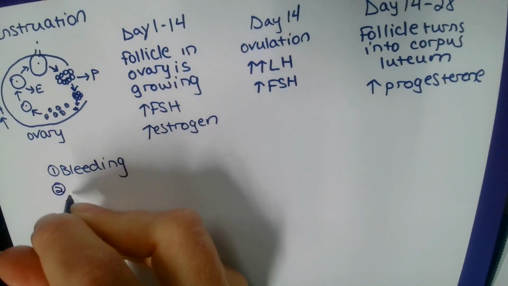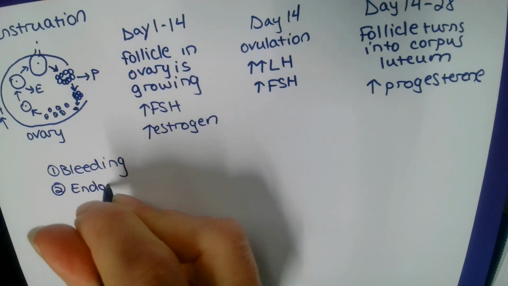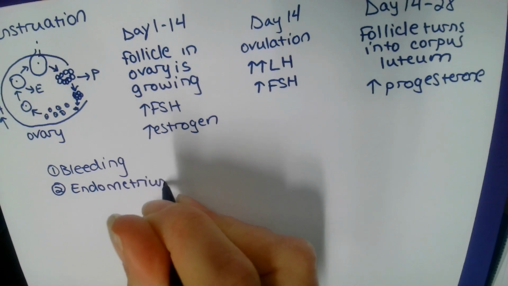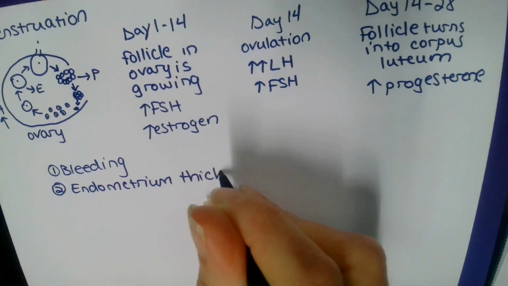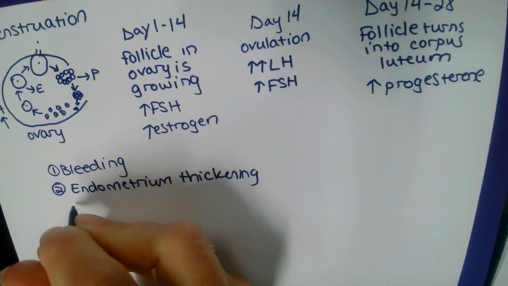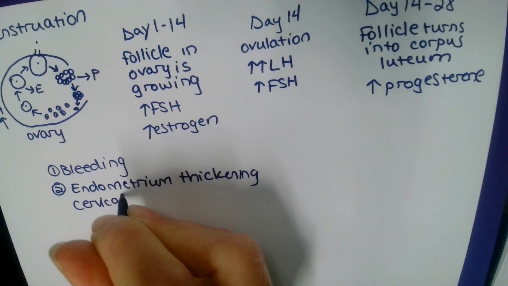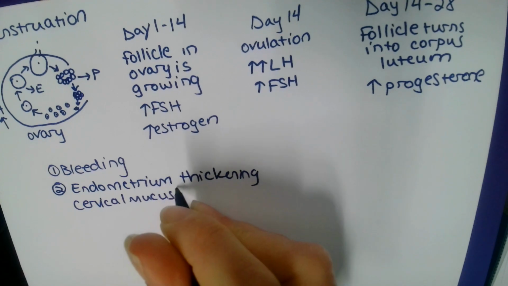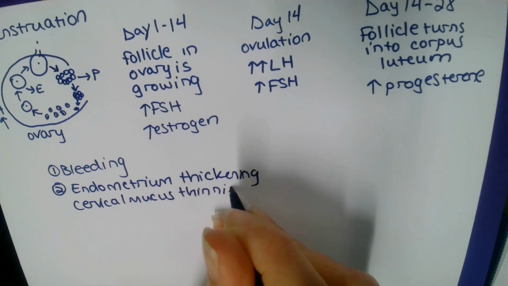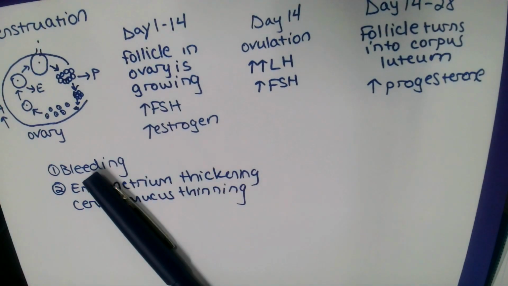The second thing is that the endometrium is thickening, and the cervical mucus is thinning. And those two things happen because of estrogen.